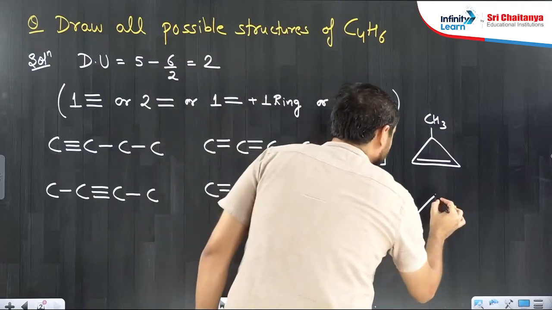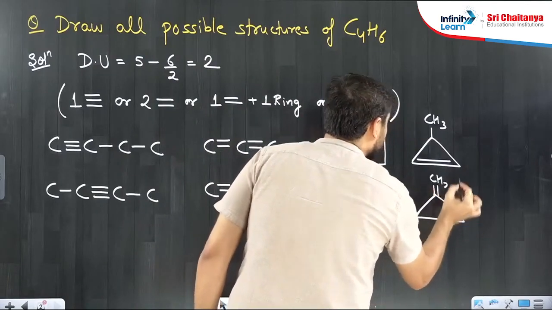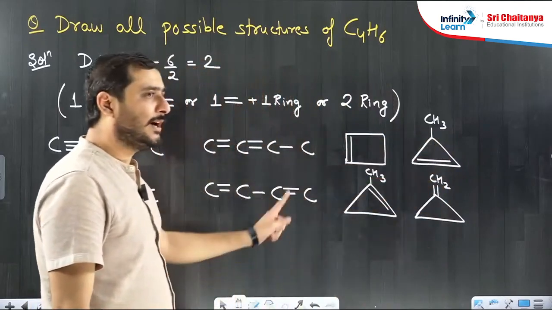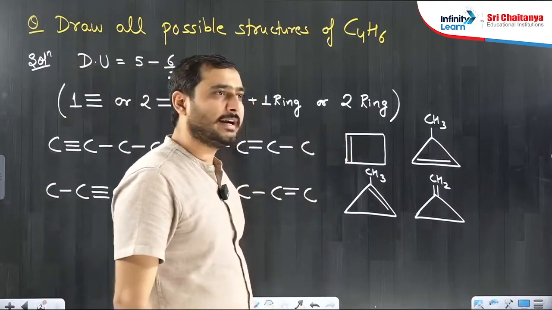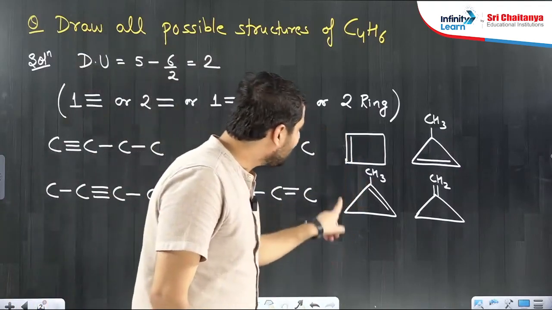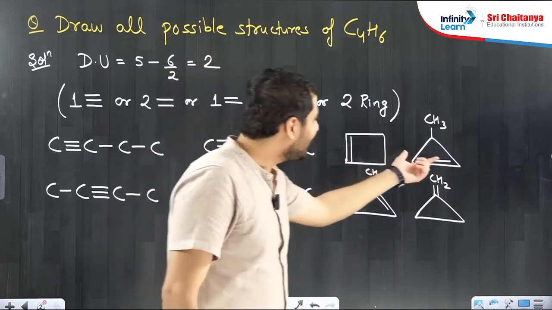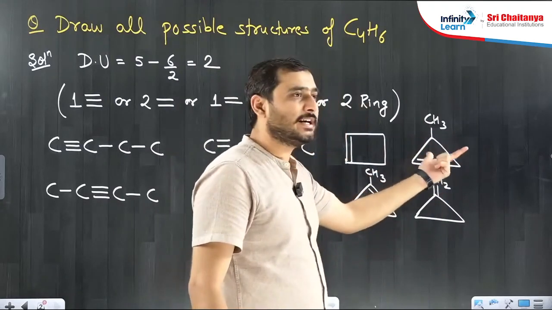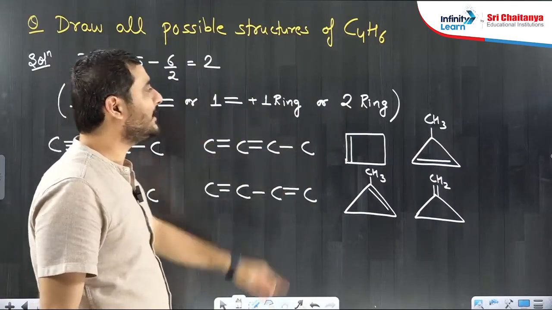Next case is the double bond present outside the ring. Here CH2 is present. So in all these cases, if you check, there is one ring and one double bond. Either a 4-membered ring with a double bond at any position. Next is a 3-membered ring with the double bond at the position where the methyl is present. Next is the double bond at the carbon next to the methyl. And next is the double bond outside the ring. So these are 4 cases possible for one ring plus one double bond.